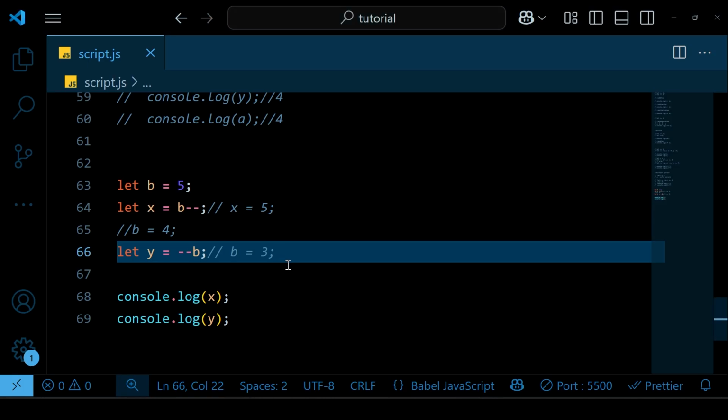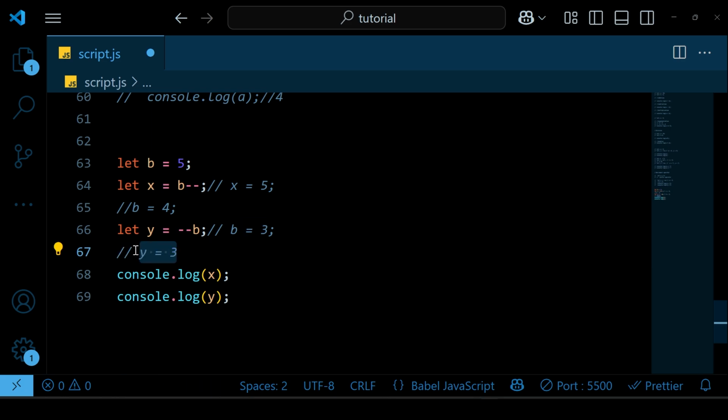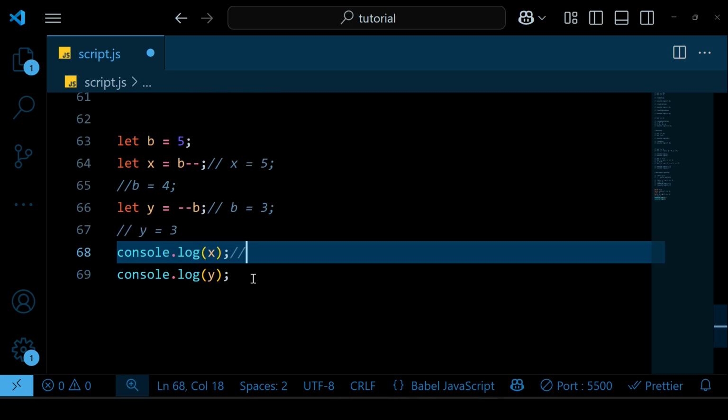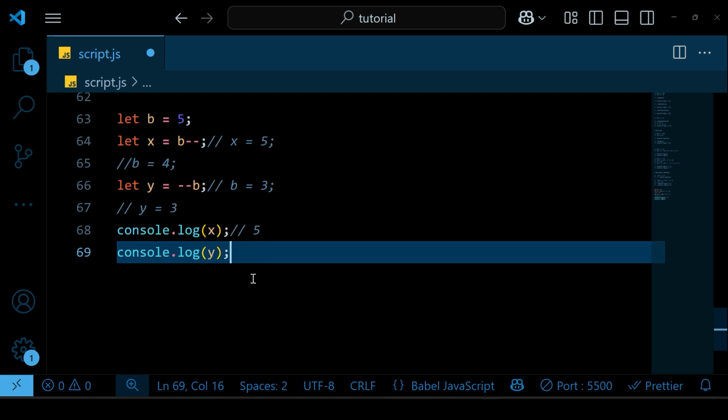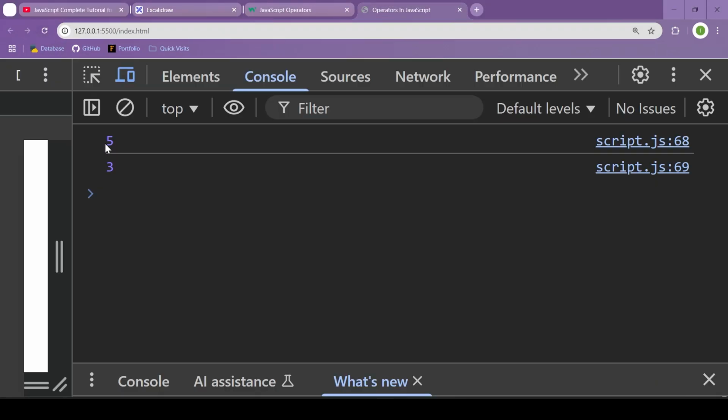So y would be simply 3. Our final values would be 5 for x and 3 for y. See, we got 5 for x and 3 for y.